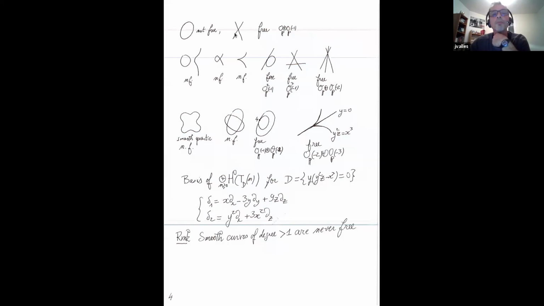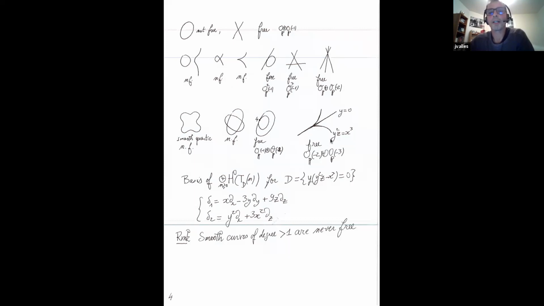We have to add some singular points, but it's not easy to determine exactly how many singular points and how they are organized. But the two lines define a free divisor. For the cubic, we need, for instance, one smooth conic and a tangent line, or three distinct lines, or three concurrent lines. Okay, so there are different examples.